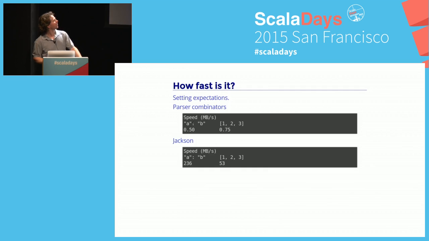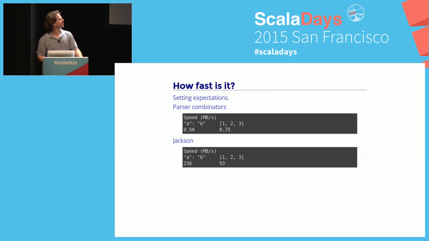If you try to parse that JSON file that I showed you, which is mostly maps, and the leaf nodes are mostly maps from strings to strings, you get about 0.5 megabyte per second throughput on my laptop. And if you parse an array of numbers, half integers, half doubles, it's a little bit better, 3/4 of a megabyte per second.